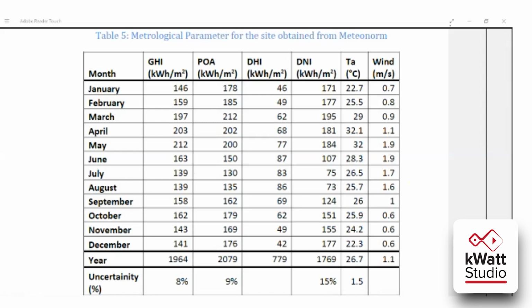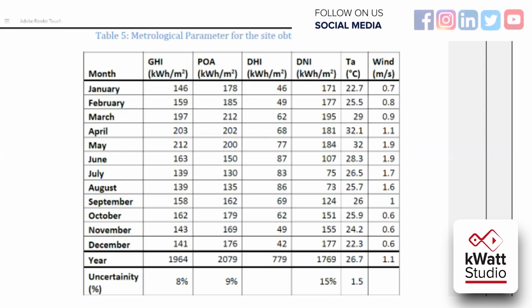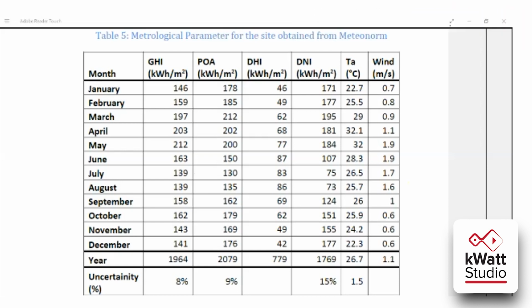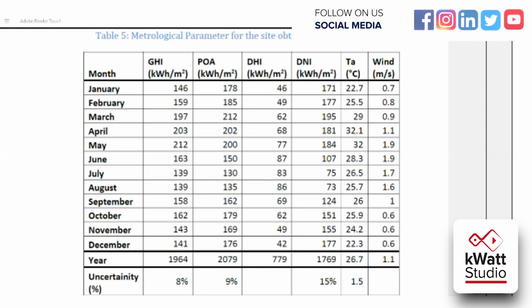It is not a direct reception. It's like sun rays that come after scattering because of any obstacle, like a cloud, anything. Because of any obstacle, if it is coming to the surface kept parallel, that is called diffused horizontal irradiation.